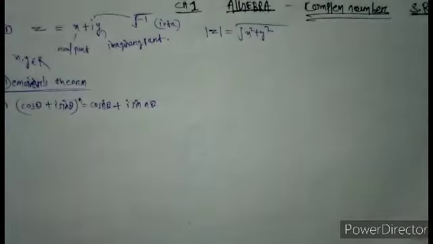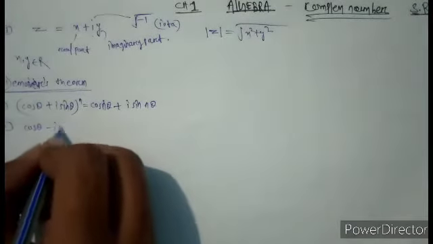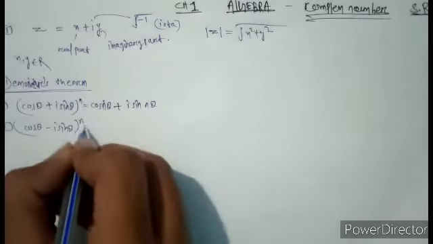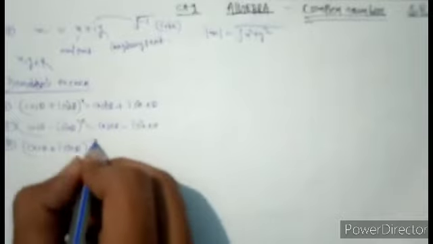The second one is (cos theta minus i sin theta) to the power n is equal to cos n theta minus i sin n theta. The third one is (cos theta plus i sin theta) to the power minus n.